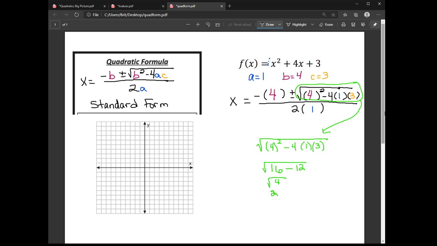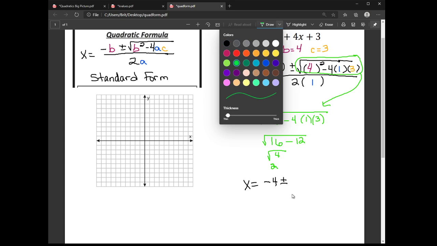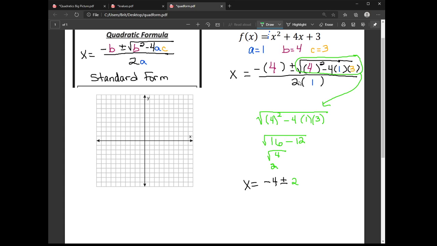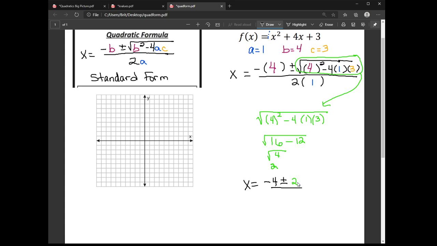So what that does to my equation then is I have x equals negative 4, so I can just drop those parentheses, plus or minus the 2 that I just got, because we simplified the radical, all over my 2 times a, so 2 times 1 is 2.